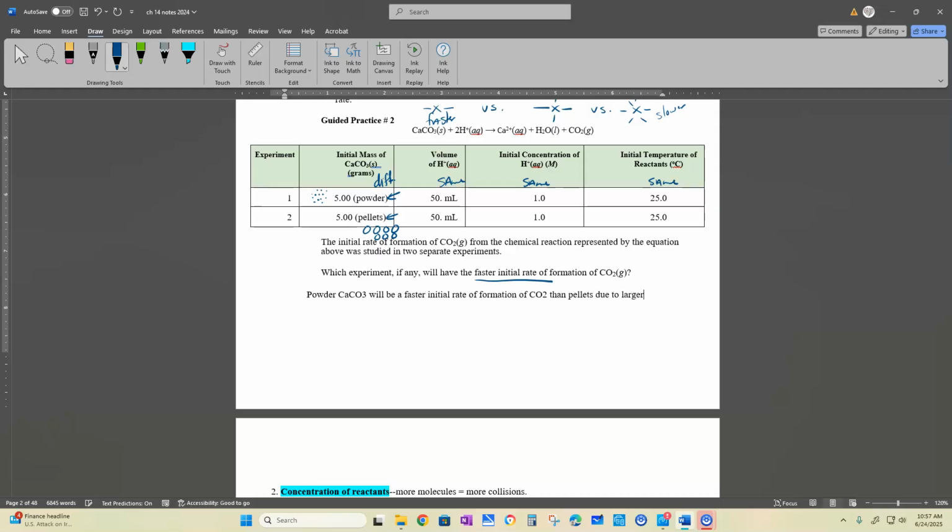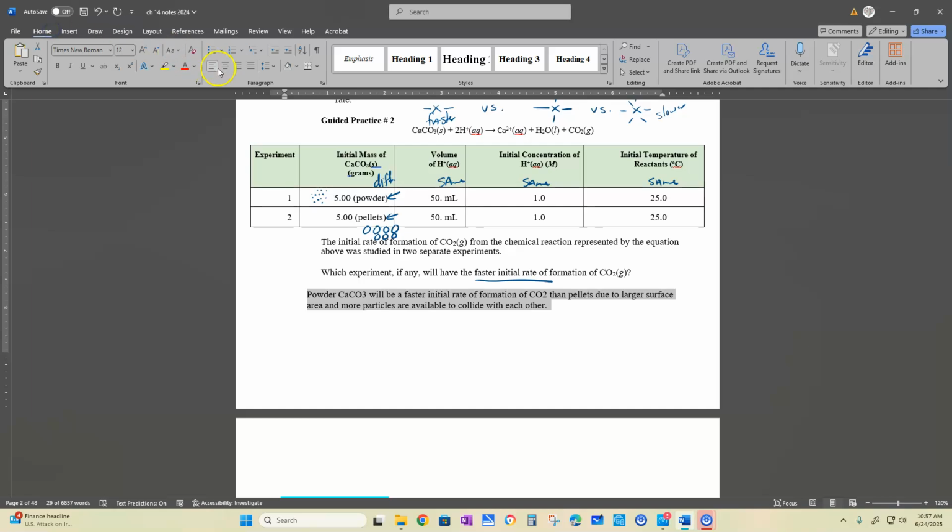Due to larger, or you could say greater, surface area and more particles are available to collide with each other. Okay? Get to the point. Who wins, then the other one, and why does it win? All right, so hopefully that made it easier for you to read my crazy writing.